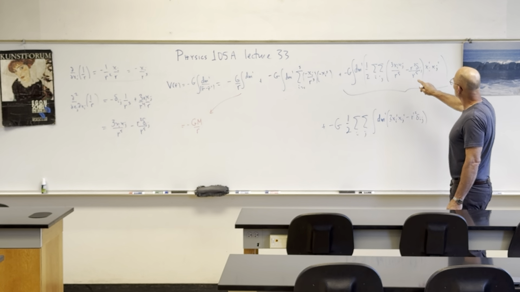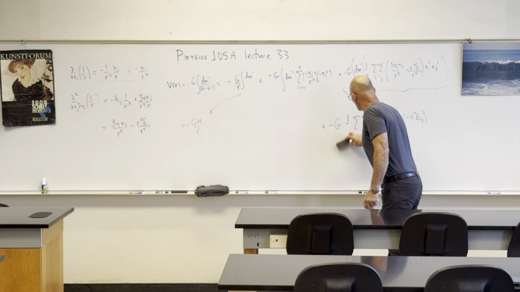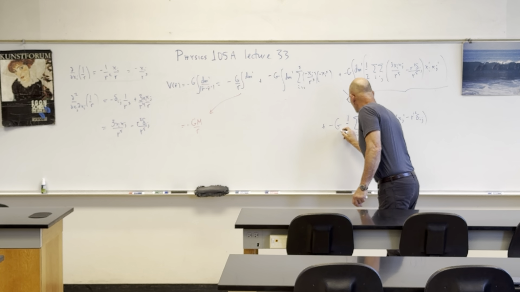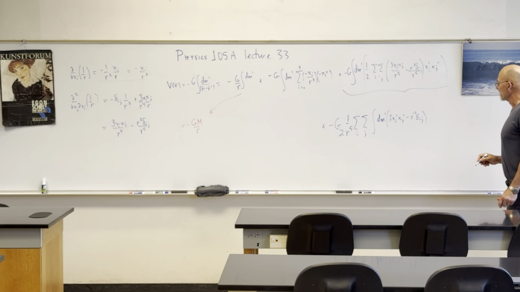And apparently I can pull the r to the 5th out front, which I'm going to do. But we're not integrating over the r to the 5th. Actually, I'm going to bring it back in there in a moment.